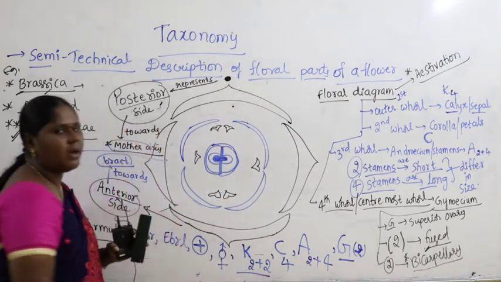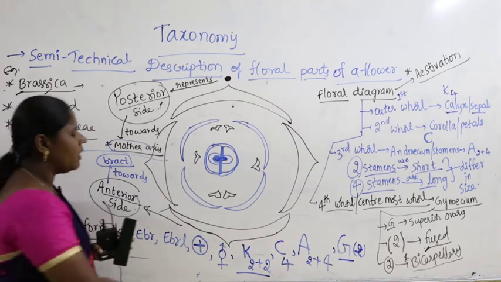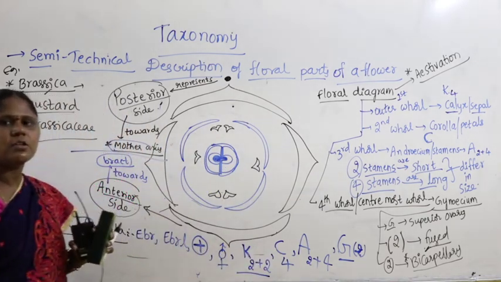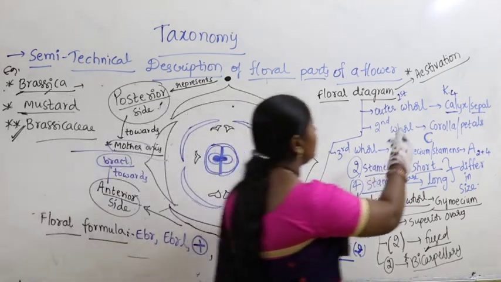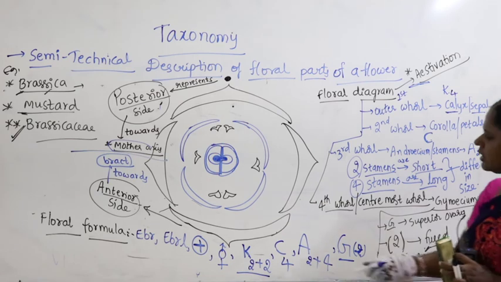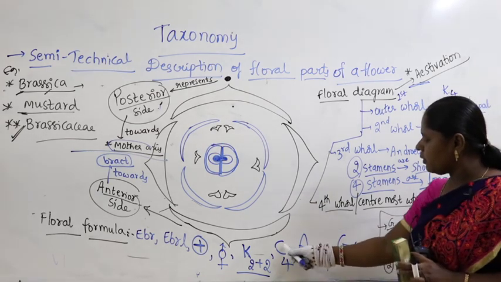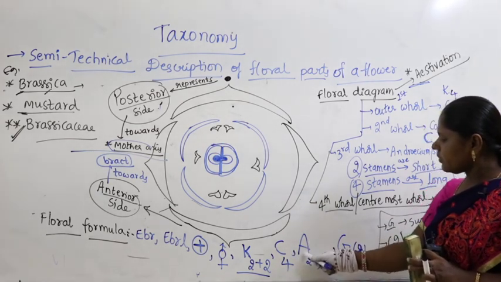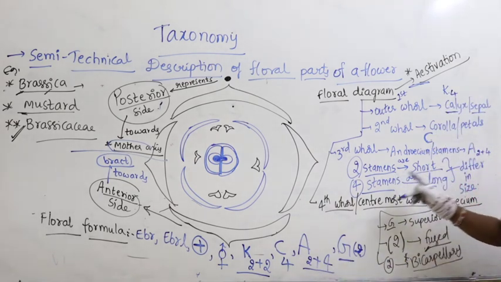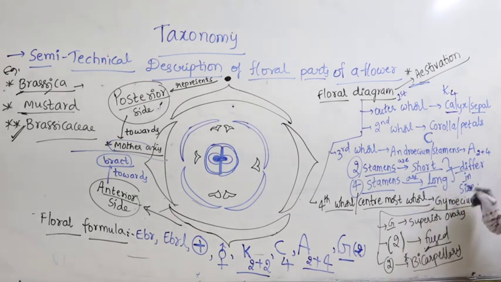So it is represented by K 2 plus 2, and corolla is 4, meaning 4 petals are there. So this represents what? Aestivation, whether they show valvate aestivation or twisted aestivation. Then followed by this corolla 4, we have written androecium 2 plus 4, that means 2 stamens are short and 4 stamens are long, a 2 plus 4 arrangement. So they differ in size.